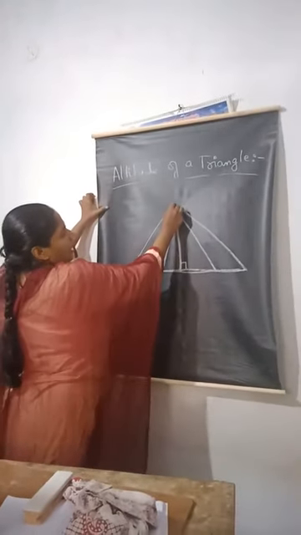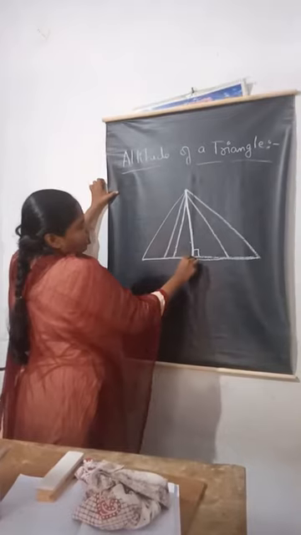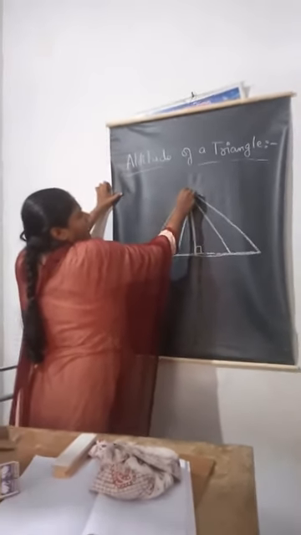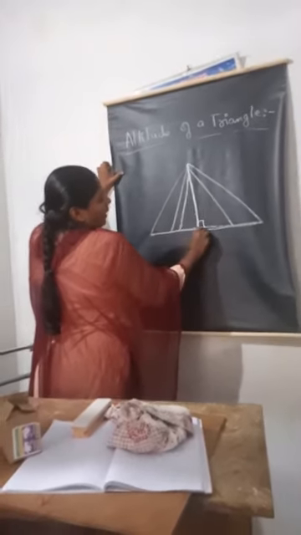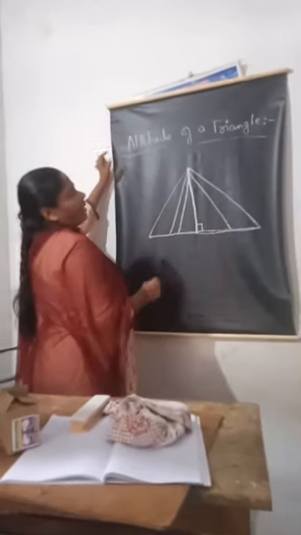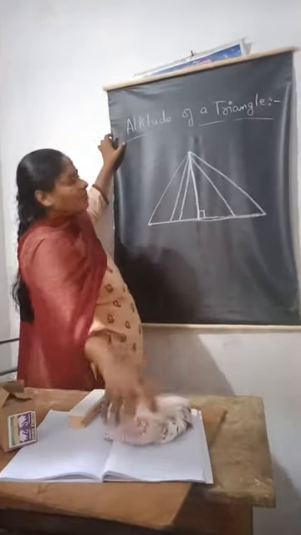Understand? A perpendicular line segment from a vertex of a triangle to its opposite side is called the altitude of a triangle.